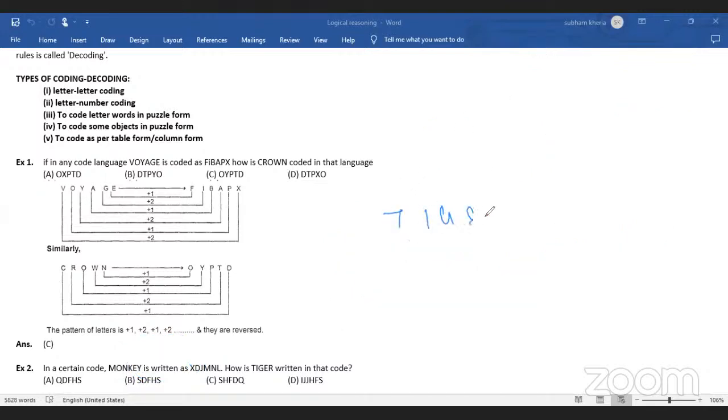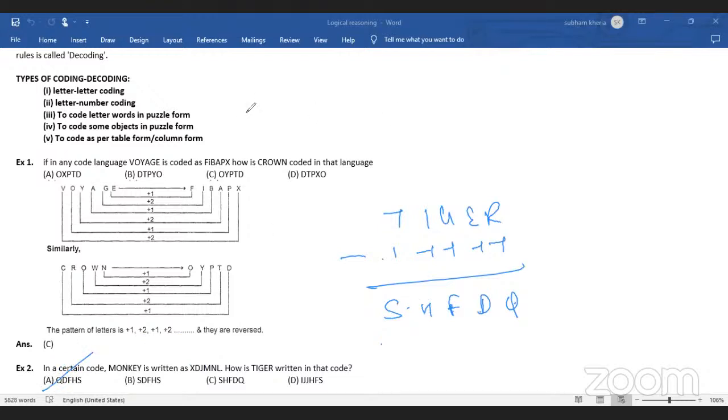Tiger, subtract 1 from all. T minus 1, S. I minus 1, H. G minus 1, F. E minus 1, D. R minus 1, Q. Now the reverse. This is not the answer, because this is given as S H F D Q. Don't get confused. The answer will be the reverse, Q D F H S. Option A. Very good.